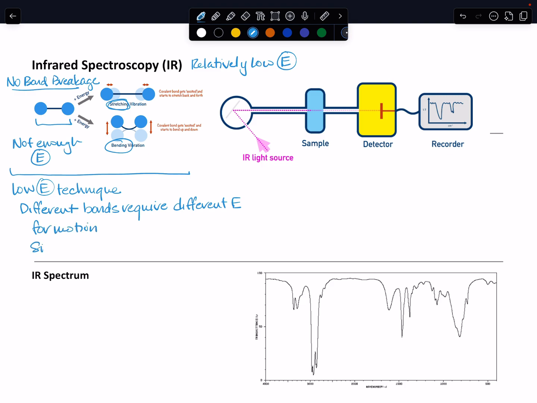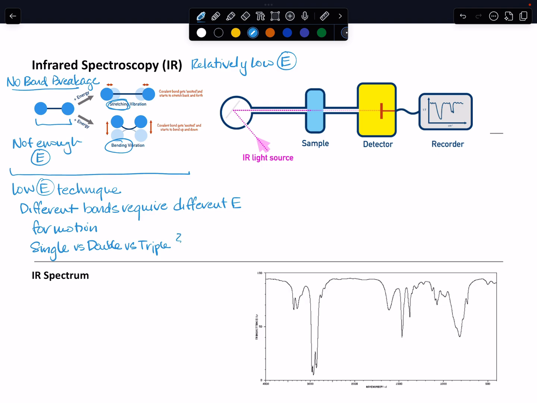If you want to stretch a single bond, it's probably not going to take quite as much energy as if you want to stretch a double bond, which probably doesn't take quite as much energy as if you want to stretch a triple bond. So the amount of energy can vary within that IR range, and different bonds will be affected differently.